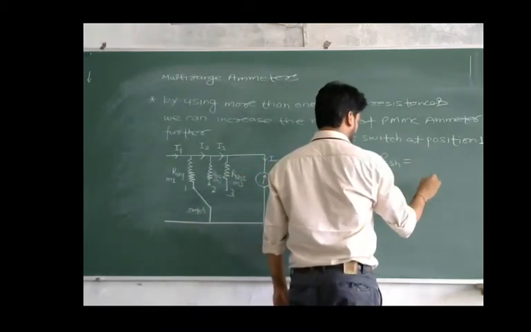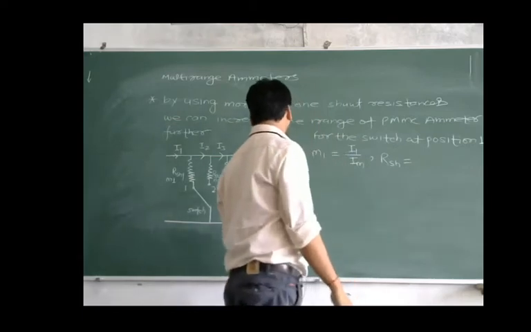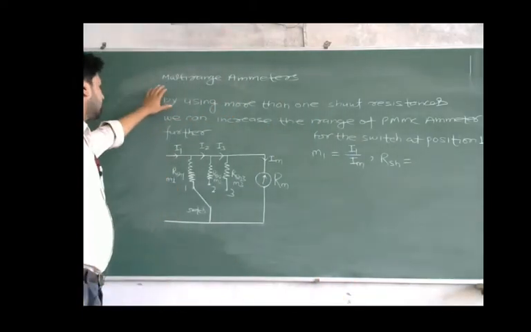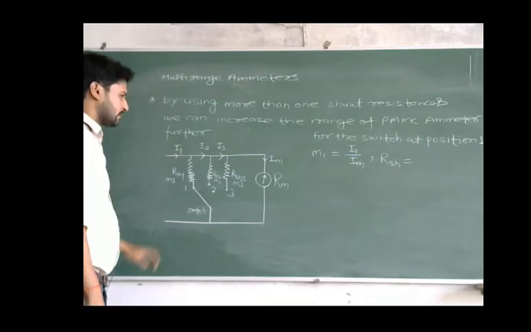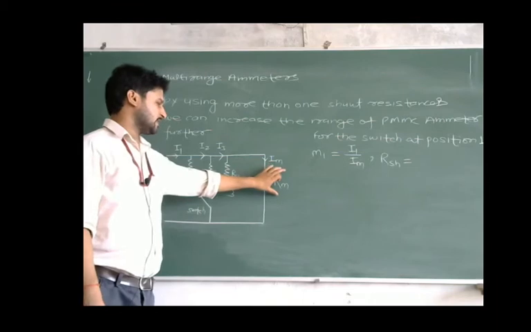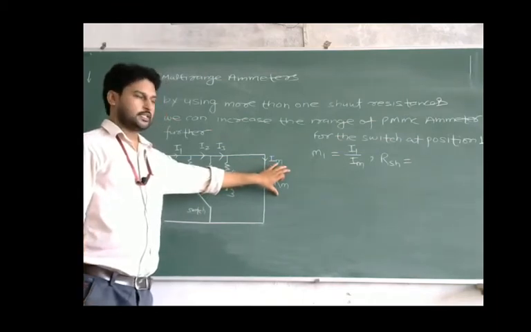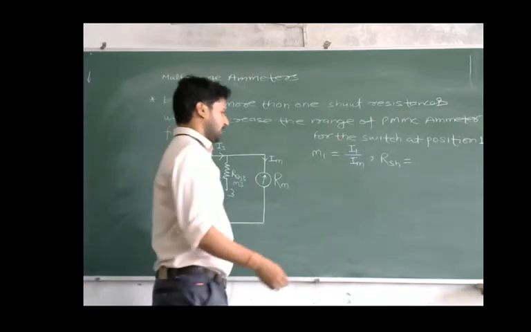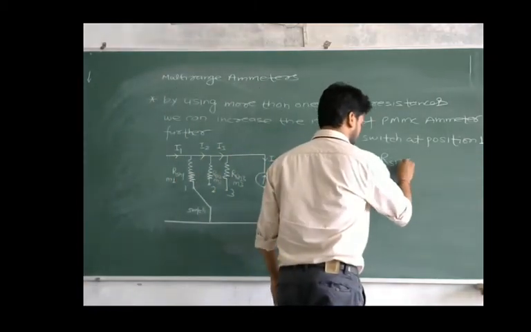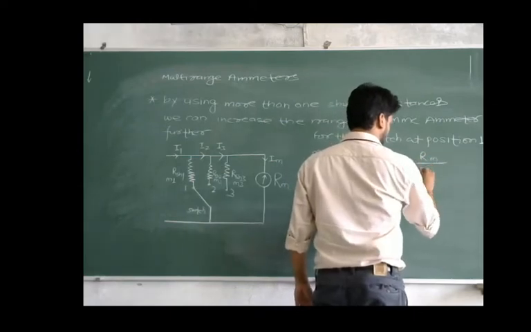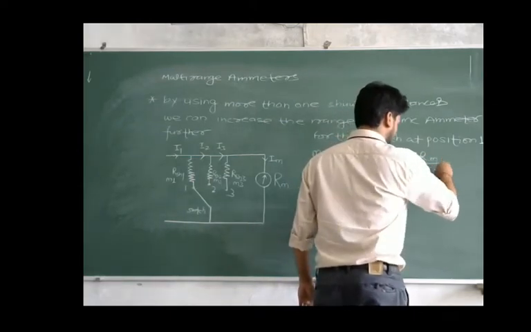As we have seen in the previous discussion of the PMMC ammeter, the shunt resistance can be written as the resistance of the instrument divided by the multiplying factor minus 1, so RSH1 is equal to Rm upon M1 minus 1.